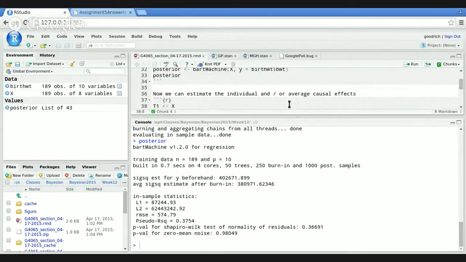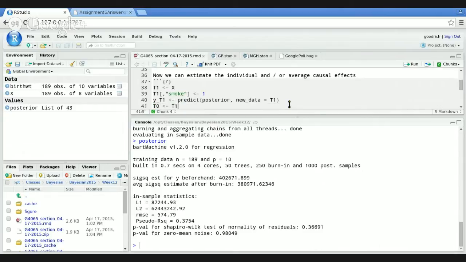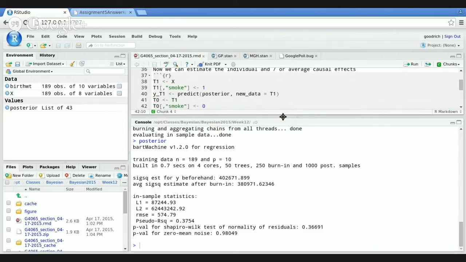anything substantive. So in order to estimate the causal effect of smoking, we can do something like this, where we're going to create a new data set.